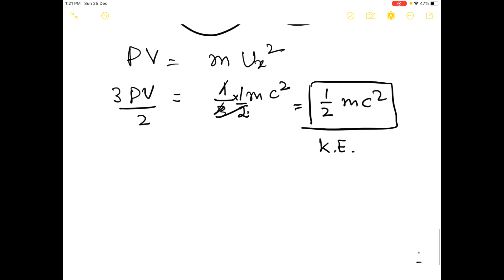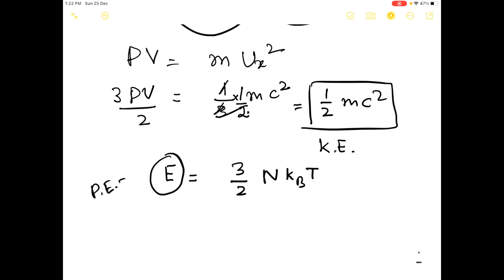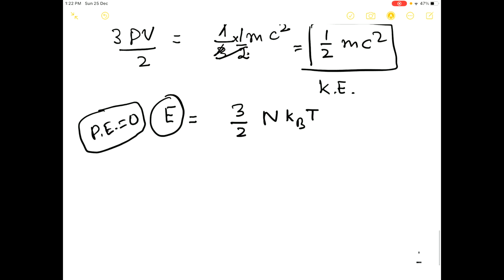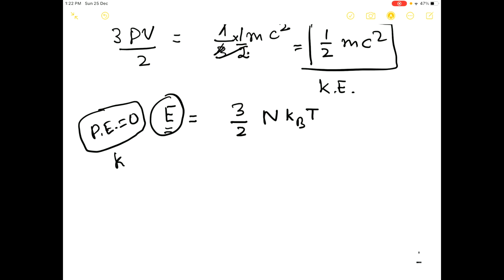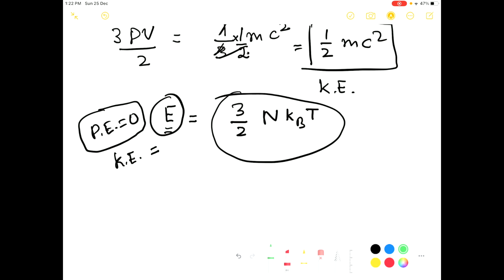And by Boltzmann we know that E is equal to 3 by 2 nkbT, and here the potential energy is 0 because we have assumed there is no force of attraction or repulsion between the molecules. Hence in an ideal gas the potential energy is 0, and the whole internal energy is only due to kinetic energy, which is equal to 3 by 2 nkbT, which we have studied.